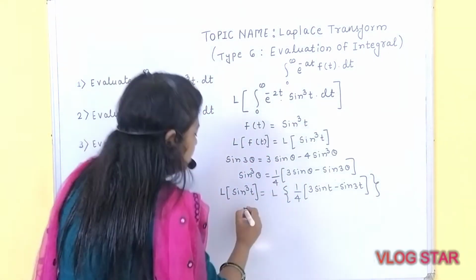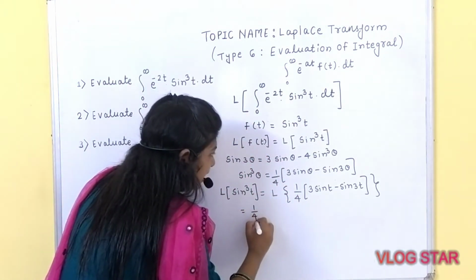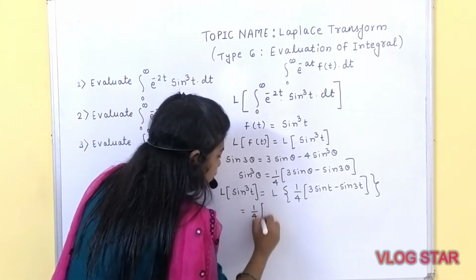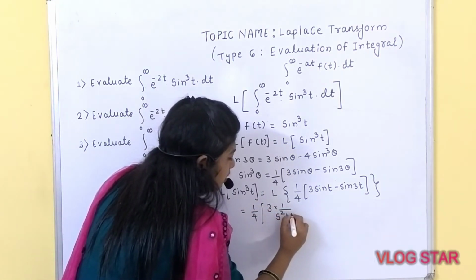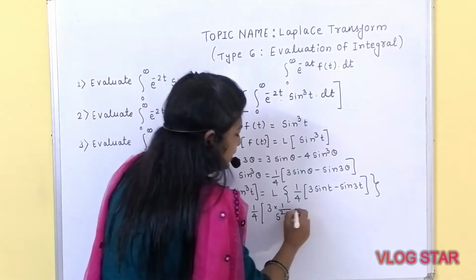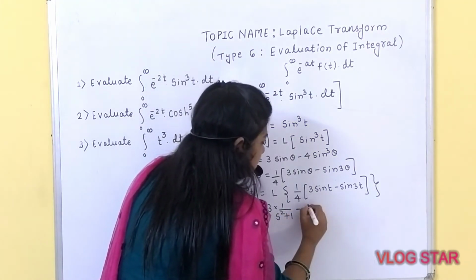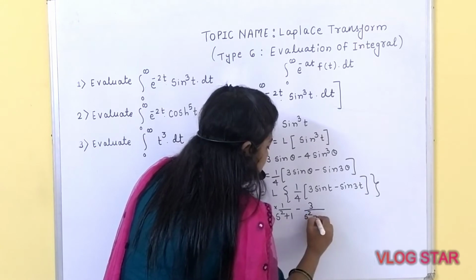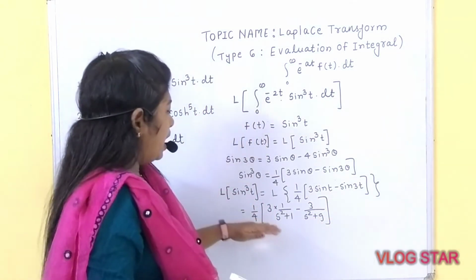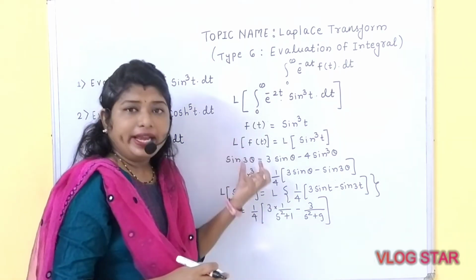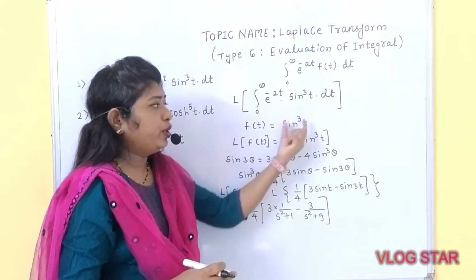In this case, you apply sine of 1t, which is 1 upon s square plus 1 square, that is 1, minus 3 upon s square plus 9. I hope you have understood how to find Laplace of sine cube t.